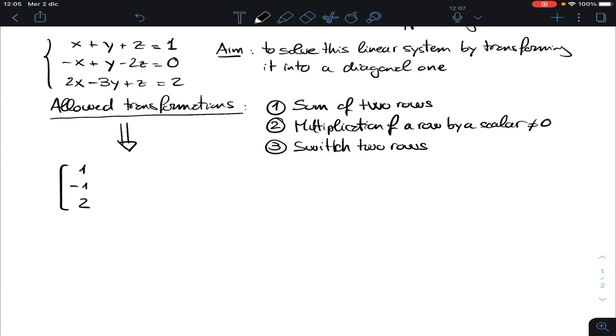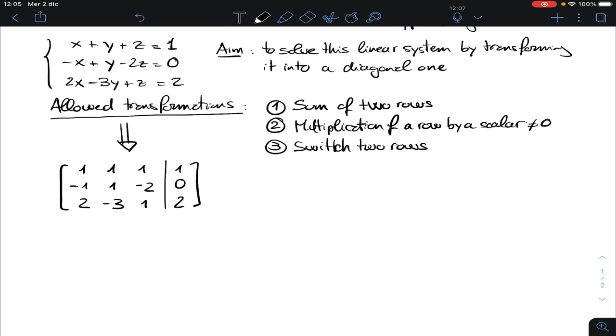The second column is the coefficients of y, so 1, 1, minus 3. The third column is the coefficients of z, so 1, minus 2, 1. And the last column, which is separated from the three we just wrote, is given by the right-hand side of the linear system.